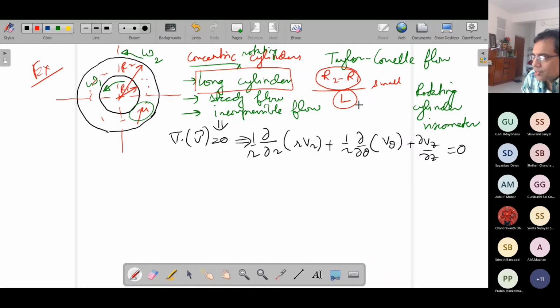Small means, say, less than 0.1, at least one order smaller. Then the axial derivative will depend on some delta Vz divided by L in terms of order of magnitude. If L is large compared to other dimensions, we can neglect this. So this is not exactly equal to 0, but the long cylinder approximation sets this derivative to be 0.